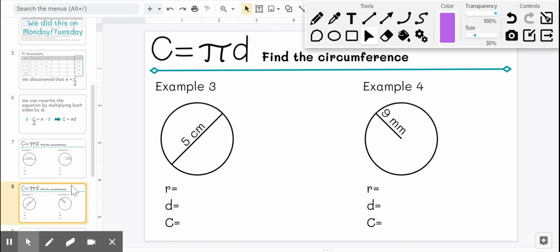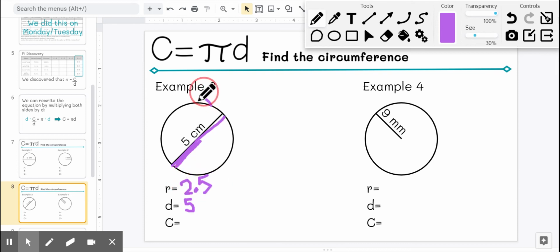All right, let's try another. All right, so this one gives us the distance all the way across the circle, which is the diameter. So our diameter is 5. The radius is halfway across the circle. Half of 5. 2.5.